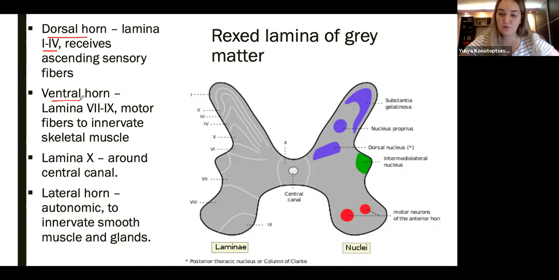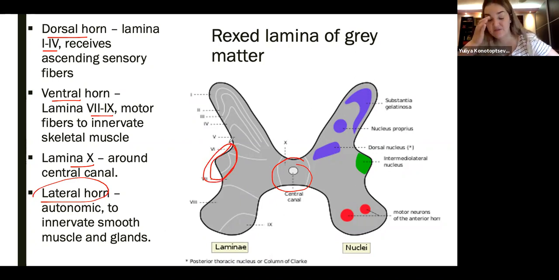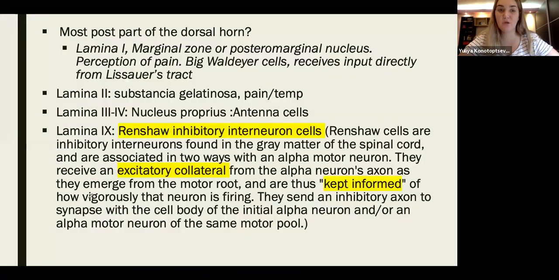In the ventral or anterior horn, we have laminae 7 to 9. Lamina 10 is around the central canal or where the gray commissure is. And in the lateral horn, you have laminae 5 and 6. Lateral horn is autonomic, so this is the autonomic area.